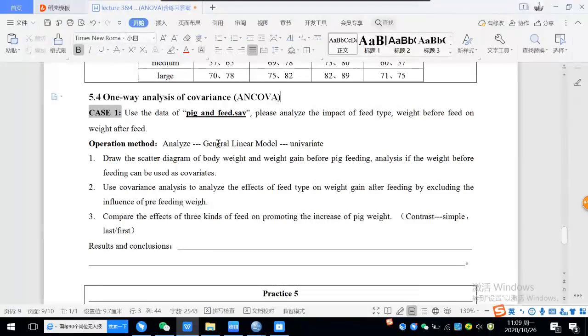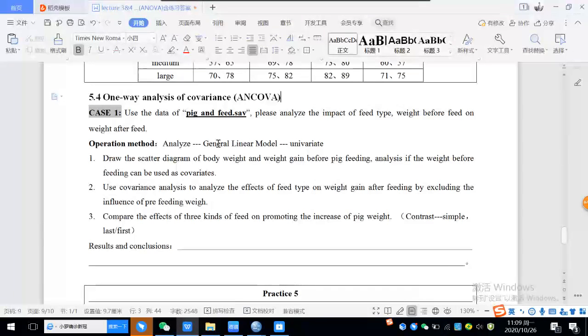That's the weight before tea. And after drinking tea for 3 months, we weighed the same people again and recorded the weight. That's the weight after tea. I think you still remember that.